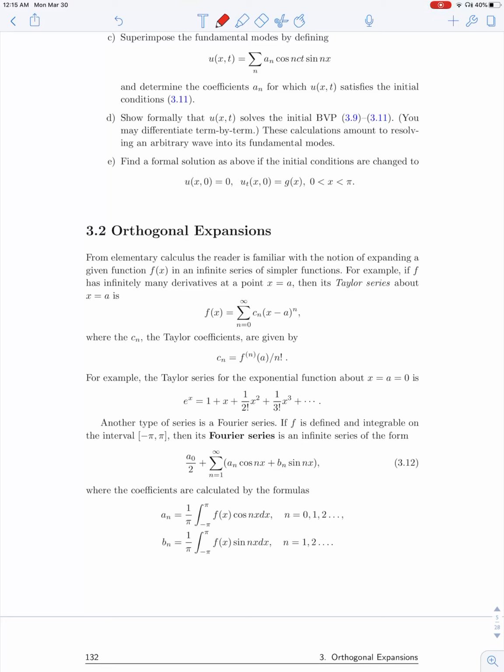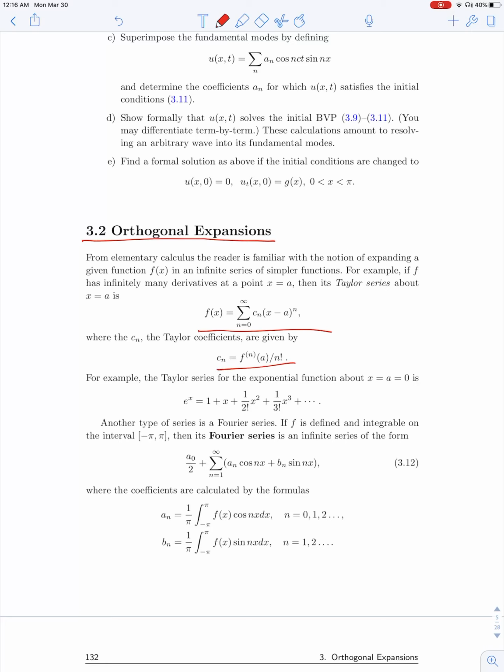Now, in this section 3.2, we expand on Fourier's idea in a more abstract setting. As I said, this is a power series, and in this case, it's Taylor coefficients.